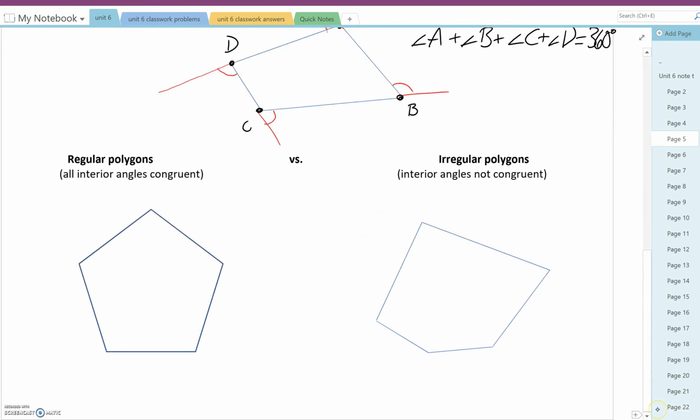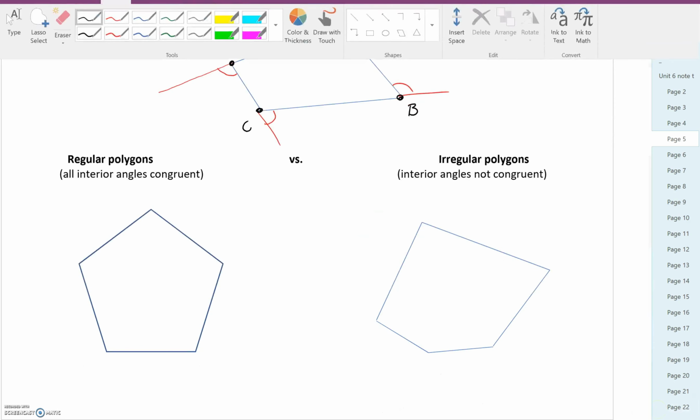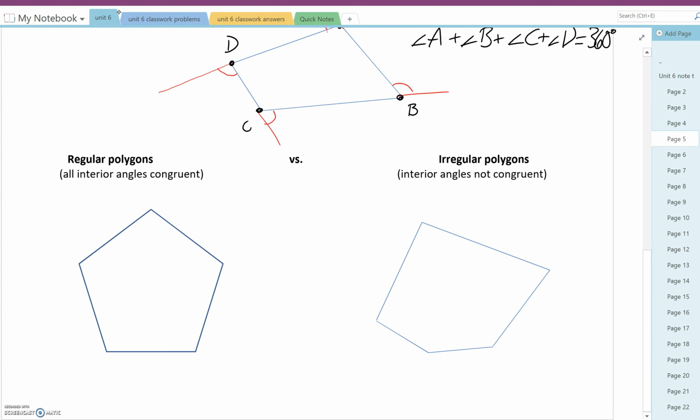All right, last vocabulary thing, regular versus irregular polygons. Regular polygons are polygons that have the angles inside congruent to each other. In other words, all 5 angles inside of this pentagon here are going to be exactly the same.